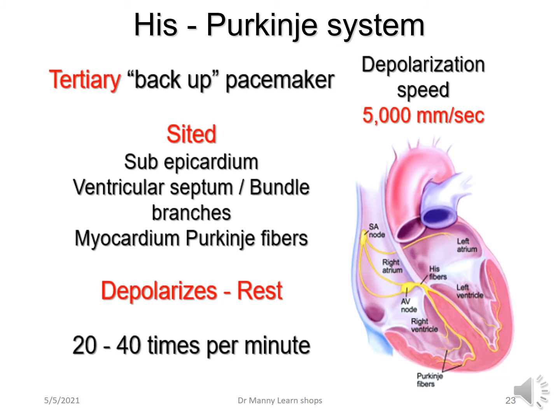And it depolarizes at rest at around 20 to 40 times per minute. It has a depolarization speed which is markedly increased from the AV node's 200 millimeters per second to 5,000 millimeters per second in order to depolarize all the ventricular myocardium at the same time, synchrony, to provide effective contraction and therefore cardiac output.